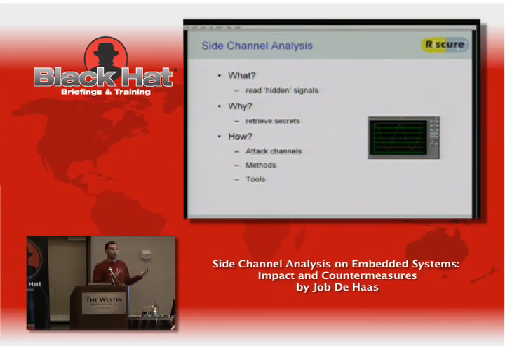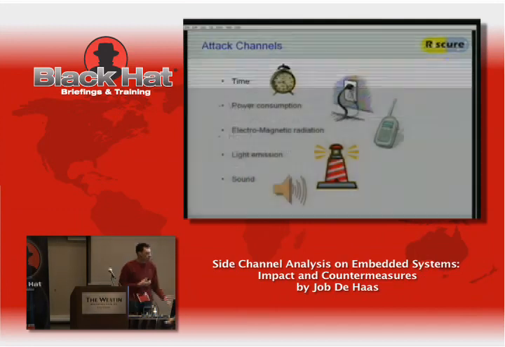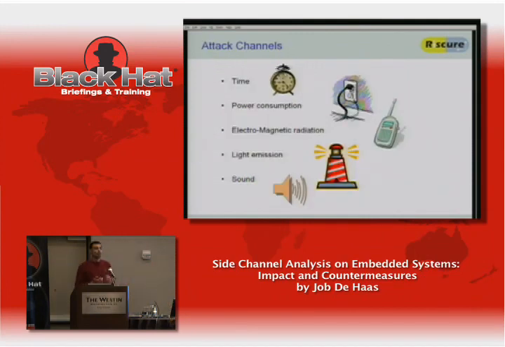So, the side effect is that, for instance, by looking at the power consumption, you can see something about what the CPU is doing. And it's giving you information about what it's doing through a channel, the power consumption, that's not intended for the purpose, and generally even not known to exist to a normal developer. And what kind of channels do you have? Well, one of the best known, I guess, is timing.